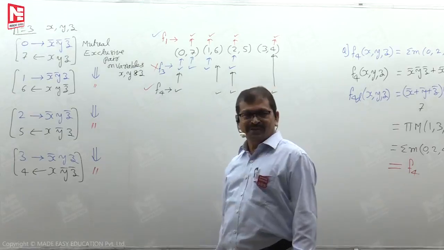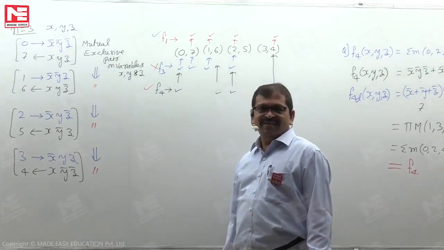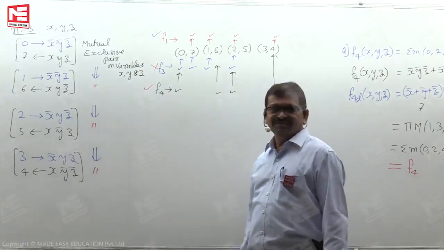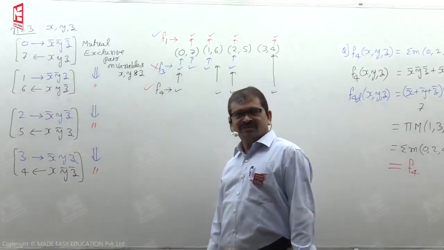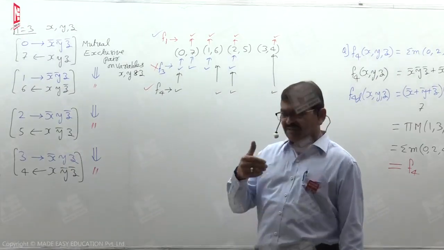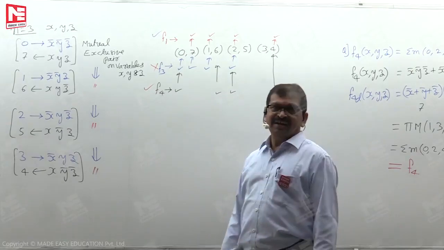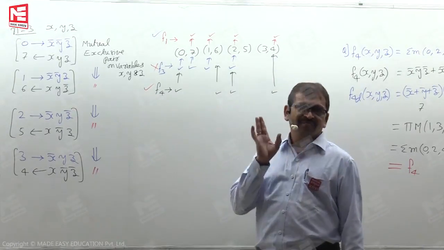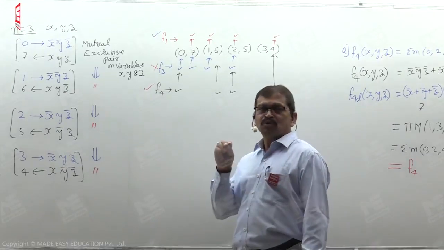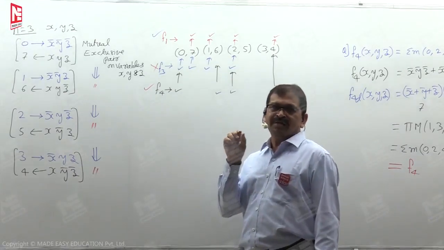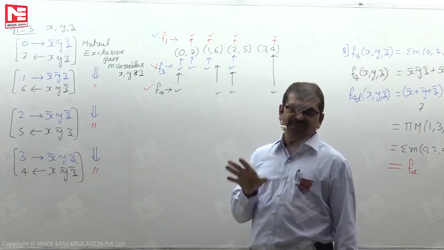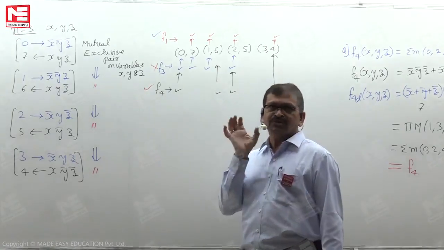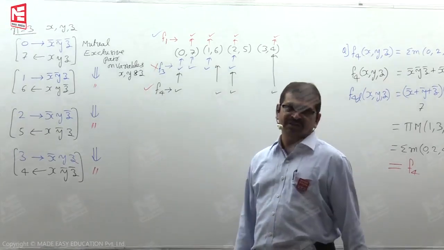So the conclusion is, for a function to be a self-dual function, first of all, it must be a neutral function, and later a function is self-dual if and only if no mutual exclusive pair is present as the min terms. No mutual exclusive terms must be present as the min terms in the function.